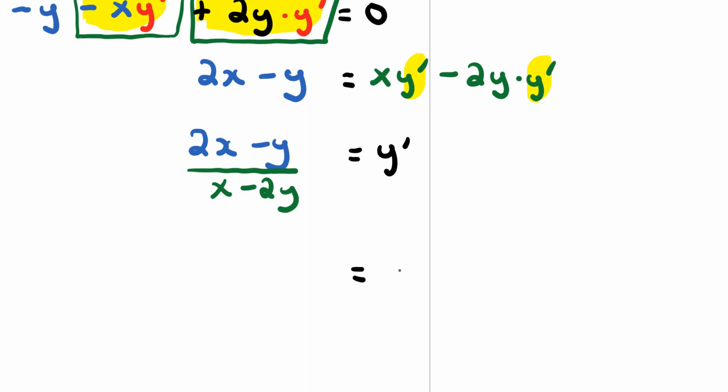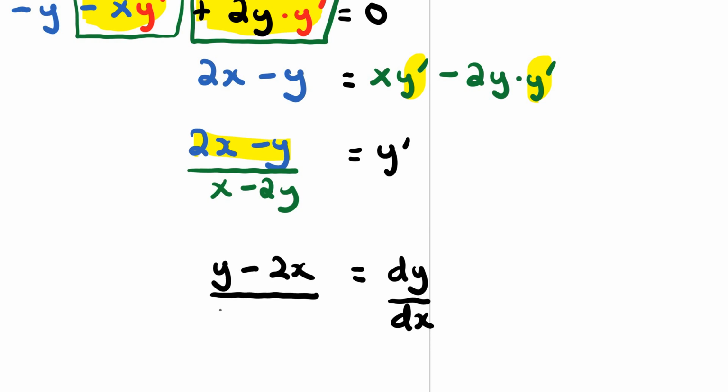I also just want to say that sometimes there are different ways of writing this. So we know there's dy over dx, but depending on which side of the equation you moved y prime, sometimes the negative signs could change. Another equivalent answer is that you can flip this around. So this could be y minus 2x, and then on the denominator you can also flip that around as 2y minus x.